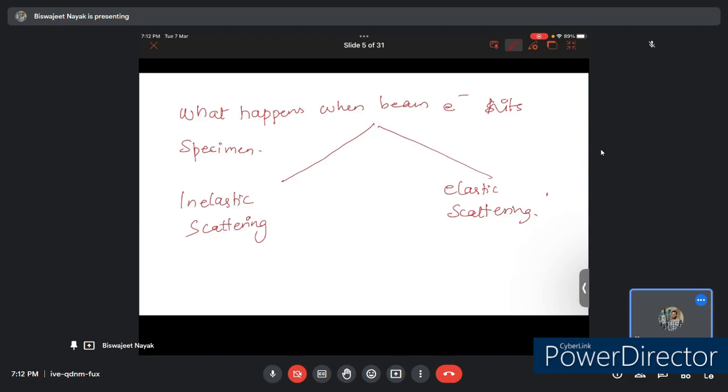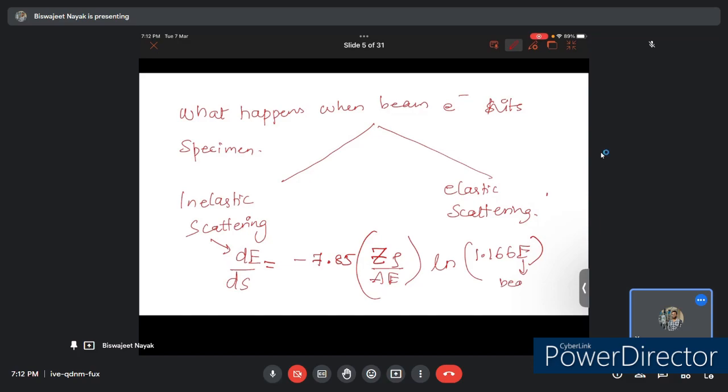and when this inelastic scattering happens, it is given by the equation dE/ds = -7.85 Z rho / (A E) ln(1.166 E / J), where E is the beam energy, Z is the atomic number, A is the atomic weight, and there is a J term here, which is the mean ionization potential.